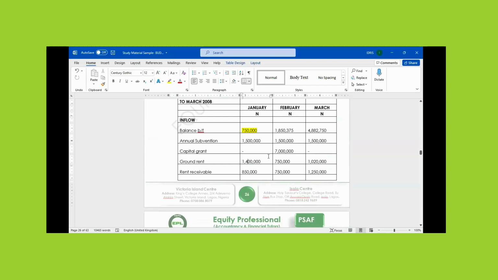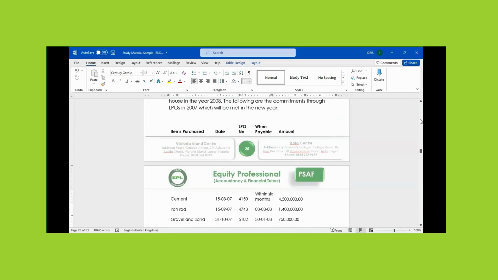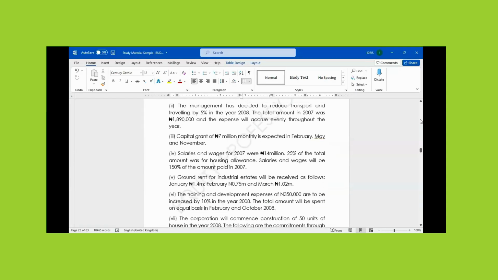In February 750. In March 1,020,000. Finish. This cash flow is direct. We are still moving to that second one, which is the main one. This one is not so hard like the second one.